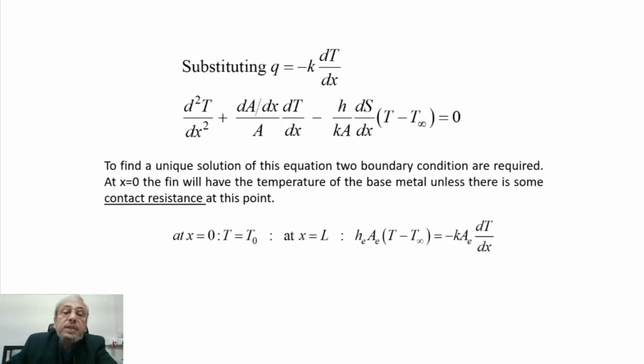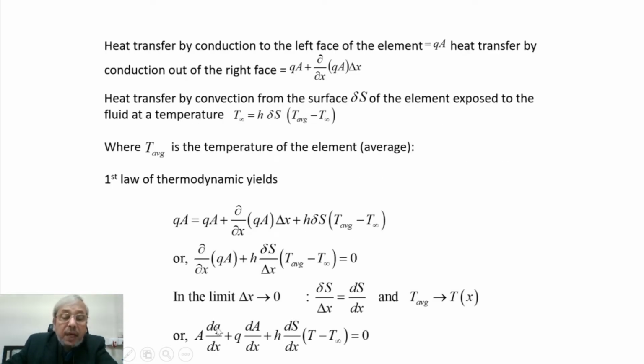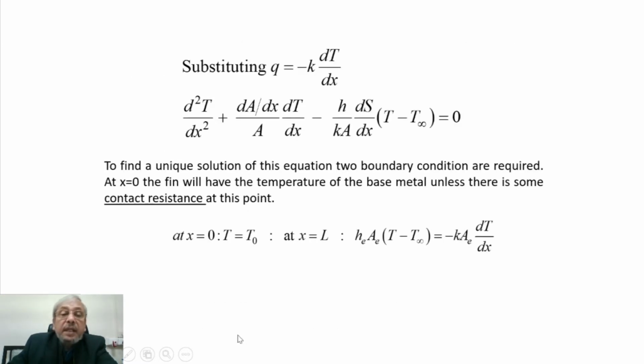So here q is basically the heat flux, and it is given as minus k dT/dx. If we substitute q as minus k dT/dx here, we'll get minus k d²T/dx², and here we'll get minus k dT/dx.